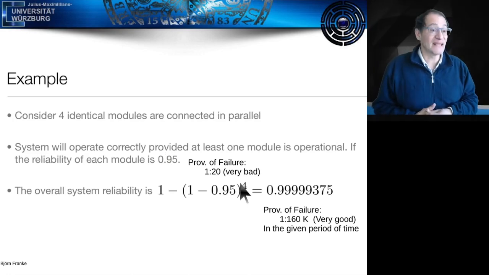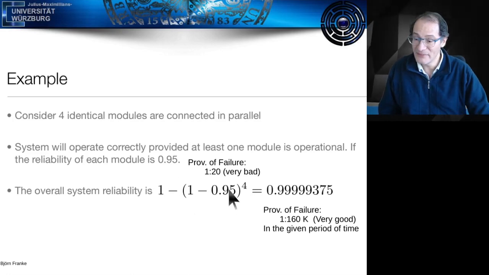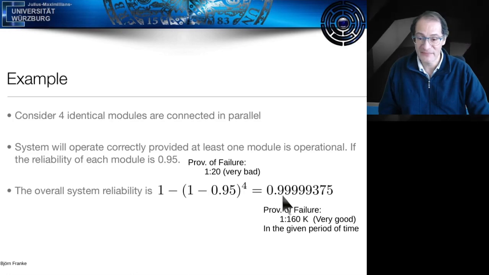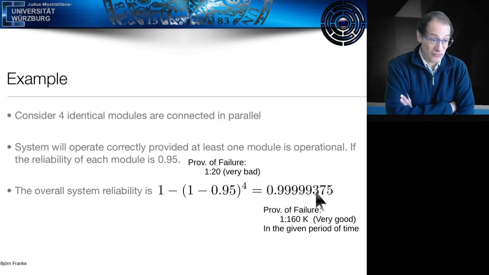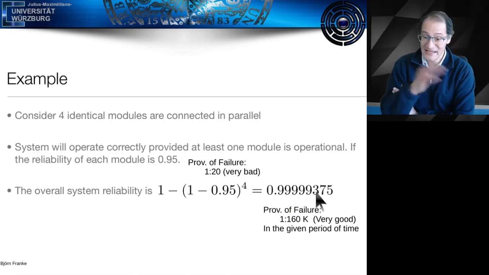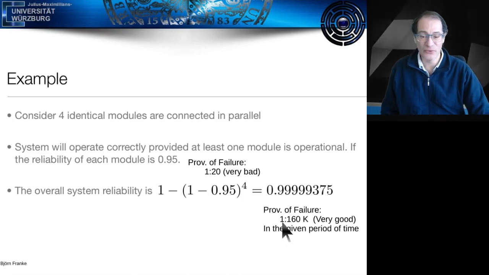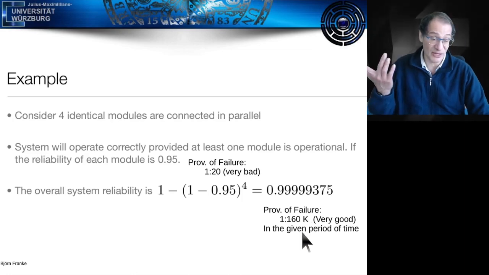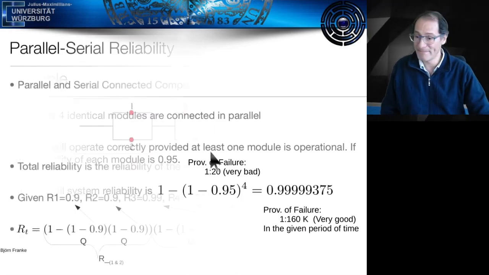Then the probability that all of them are going to fail is 0.05 to the power of 4, so the reliability is 0.999993. So the probability that all 4 parallel working systems fail in this period of time, let's say 1 year, is very low. If we take a look, the probability is 1 in 160,000. And this is very good in the given period of time. So this is if we are operating parallel systems.